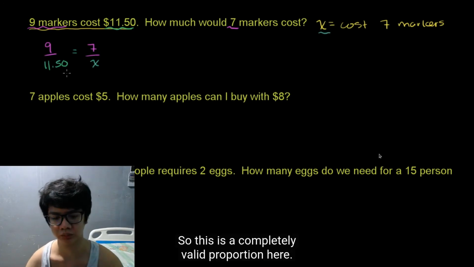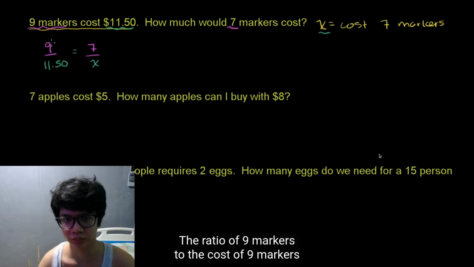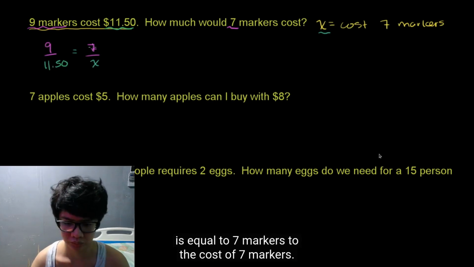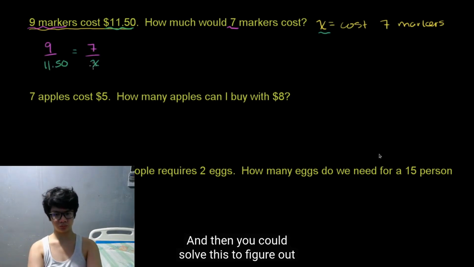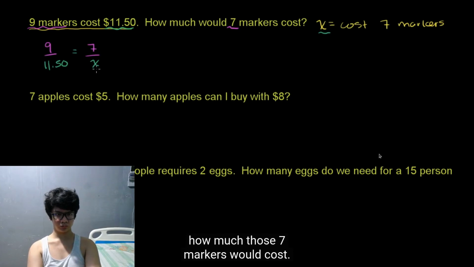So this is a completely valid proportion here. And then you could solve this to figure out how much those 7 markers would cost.